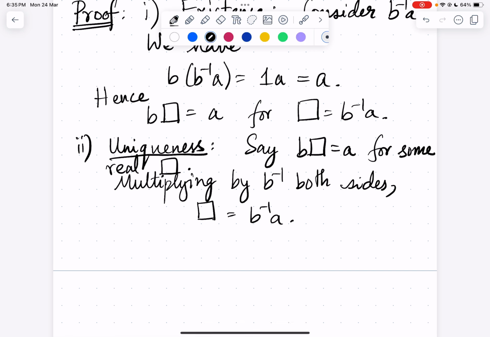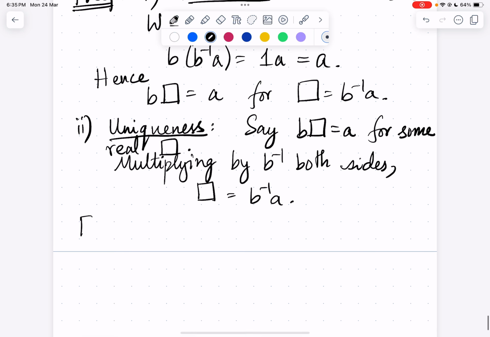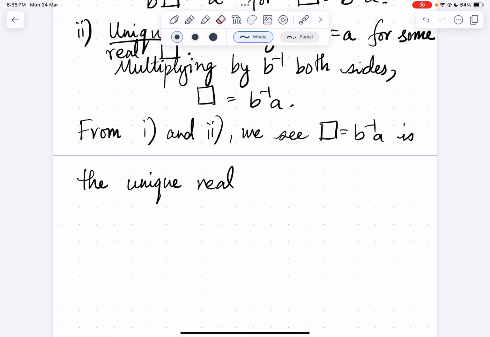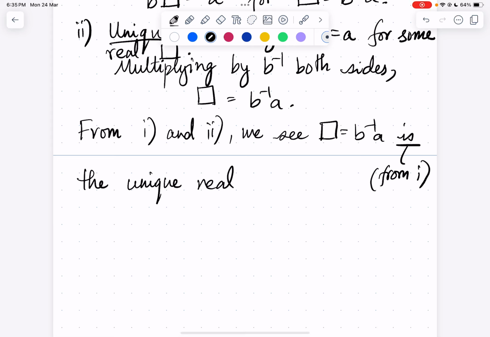So from 1 and 2, we see box equals b inverse a is the unique real. The "is" part is from 1, and the unique part is from 2.